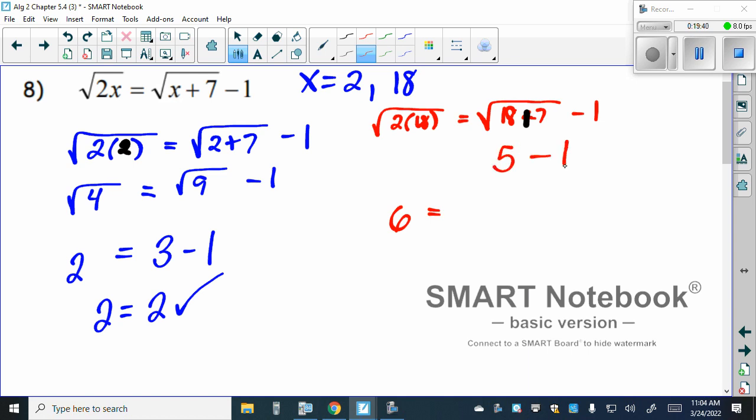And the square root of 25 is 5. 5 minus 1 gives us 4. Well, those aren't equal. So this time here, x is equal to 2 only. That's a little bit different. We haven't had a case where a positive number didn't work, but it is possible for a positive number to be an extraneous solution.